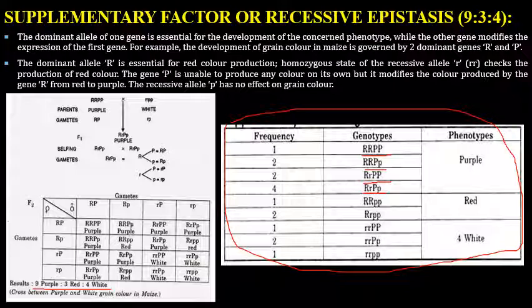The number of purple grain individuals is 1 plus 2 is 3, plus 2 is 5, plus 4 is 9.